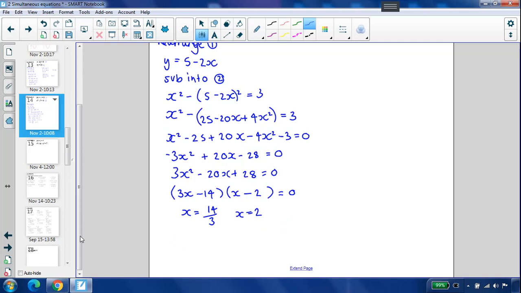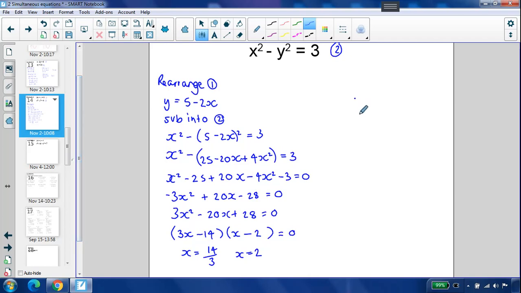So let's go to the side here. When x is equal to 14 over 3, I'm going to substitute it into this equation here. Y is equal to 5 minus 2 lots of 14 over 3. So y is going to be equal to, well, 2 multiplied by 14 is 28. So I'm going to have a 28 over 3. So 5 minus 28 over 3. Feel free to break that down.